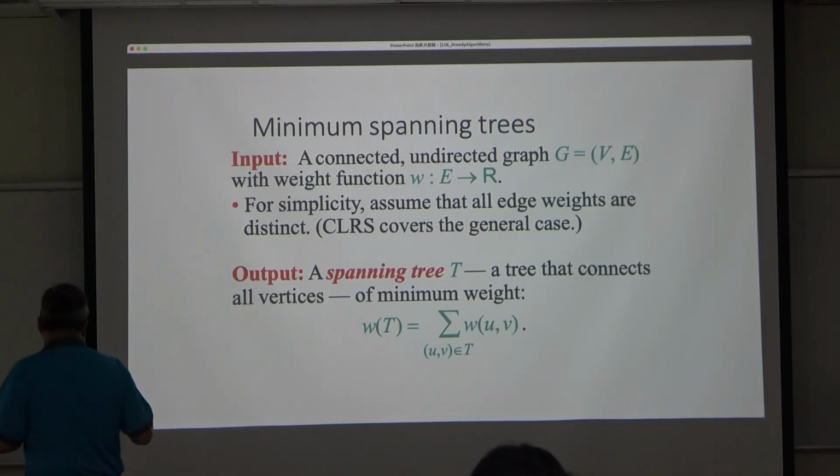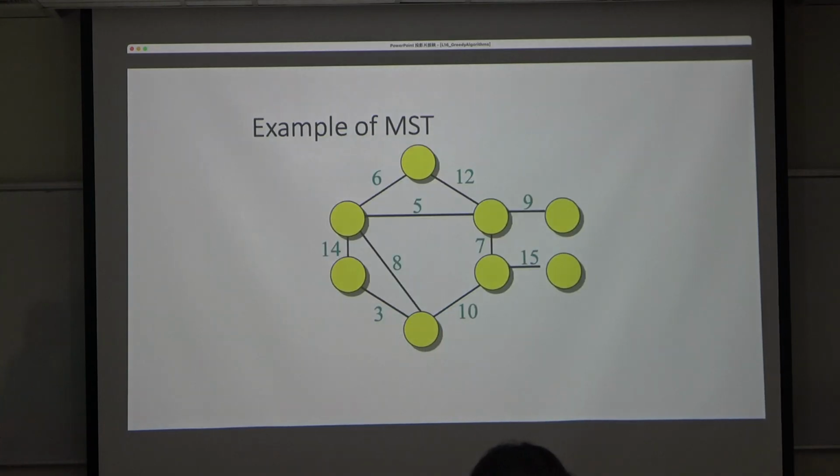So for example, say this is a given graph. We have 1, 2, 3, 4, 5, 6, 7, 8 vertices. It's considered a complicated example already. The minimum spanning tree is represented by the red edges.